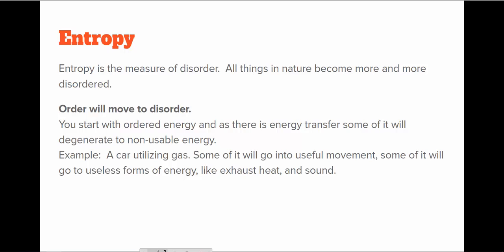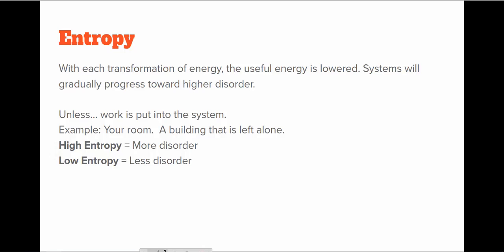But this is the biggest consequence of the second law, that things just naturally become more disordered and more chaotic because the energy is getting more spread out. What that means is eventually it will cause the entire universe to die. So, with each transformation of energy, the total amount of useful energy is lower.